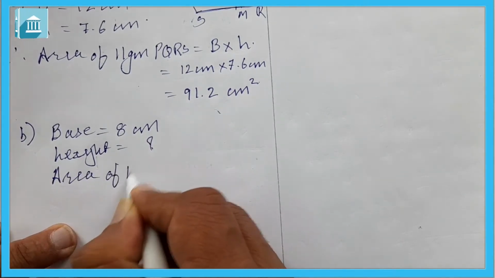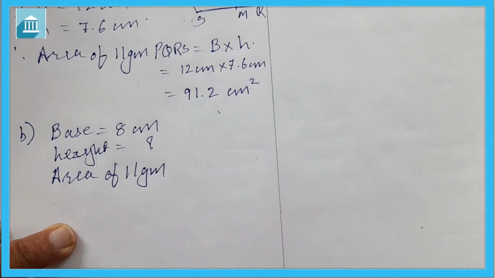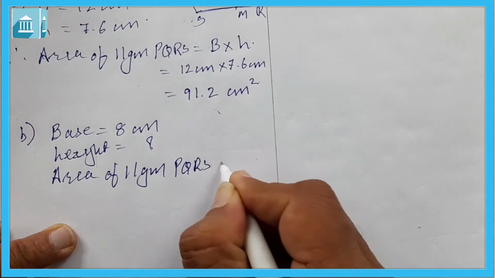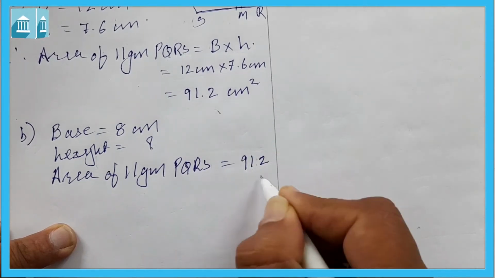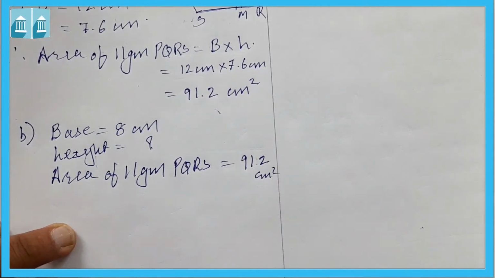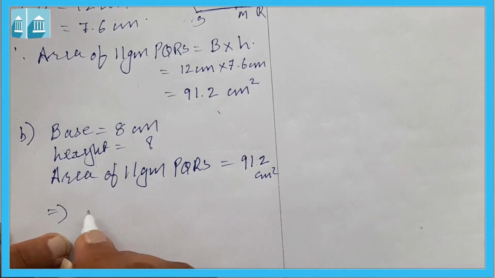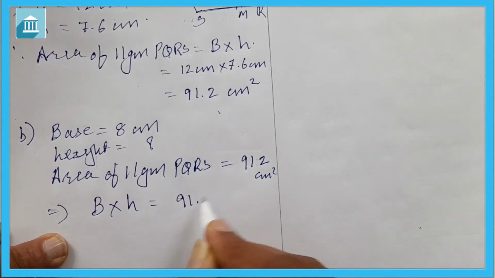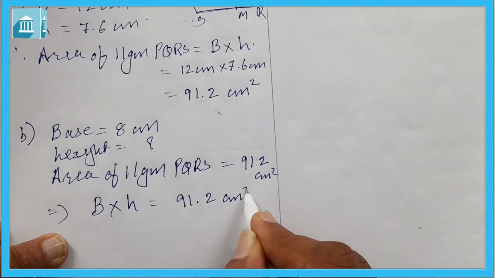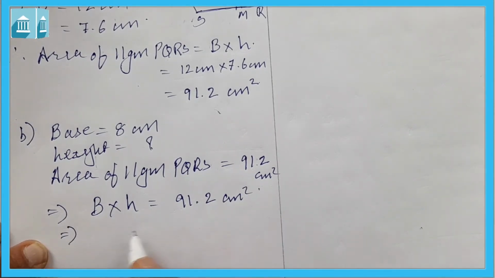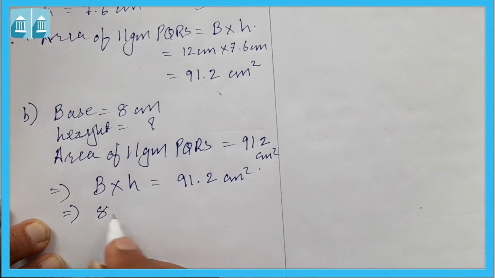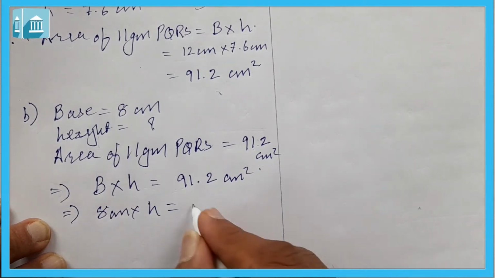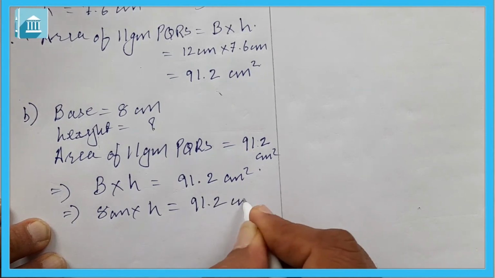Area of parallelogram PQRS is equal to 91.2 centimeter square. This will remain as it is. We know that area of parallelogram is equal to base into height, which is equal to 91.2 centimeter square. We imply that base is given here 8 centimeter into h is equal to 91.2 centimeter square.